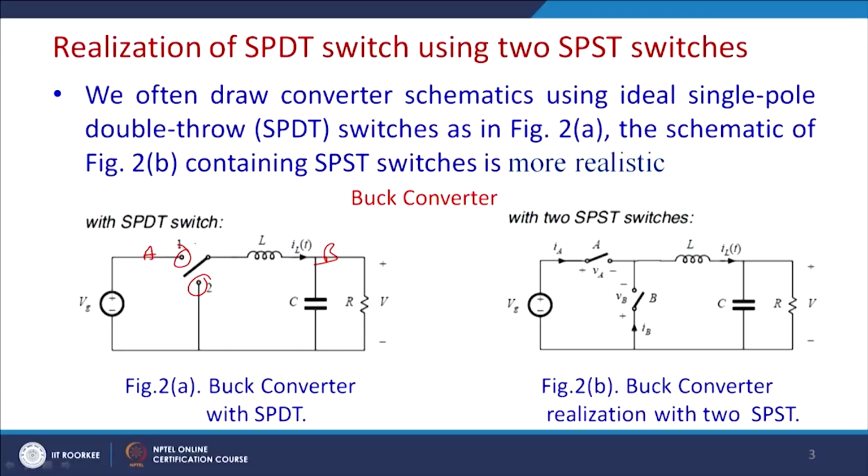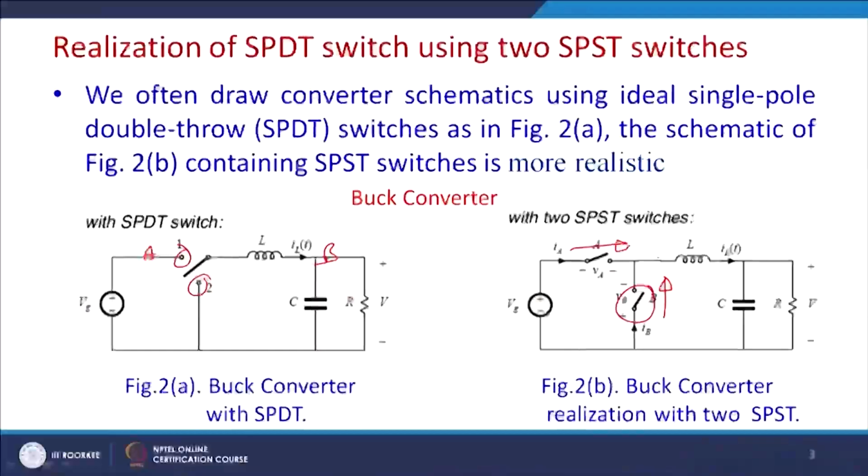The same thing can be realized by these two SPST switches. So it is the VA, and it will block the voltage VA and current will pass through it, and the lower switch will block the voltage VB and current will pass through it.